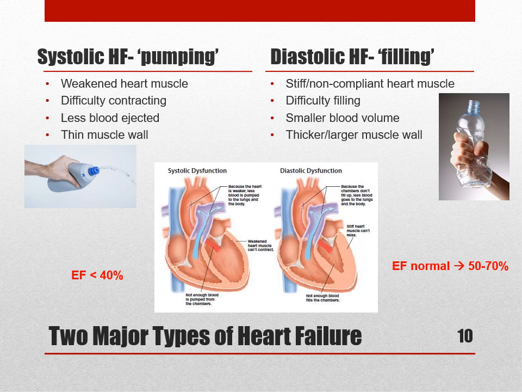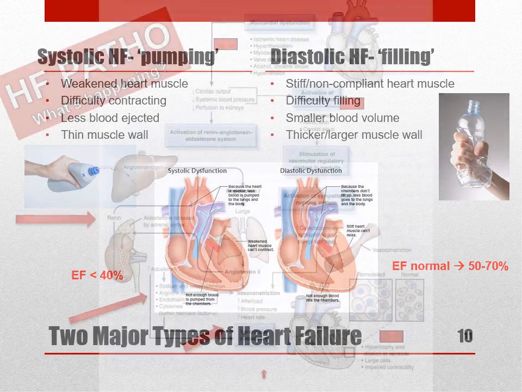Yes, we're still getting the normal ejection fraction, but we're still having problems because we're still not getting enough blood out there, because we have this bigger, thicker muscle on the left side that's really stiff and non-compliant. And so, yes, you can still eject that blood out of there, but it's still not going to be enough to get around to the body.